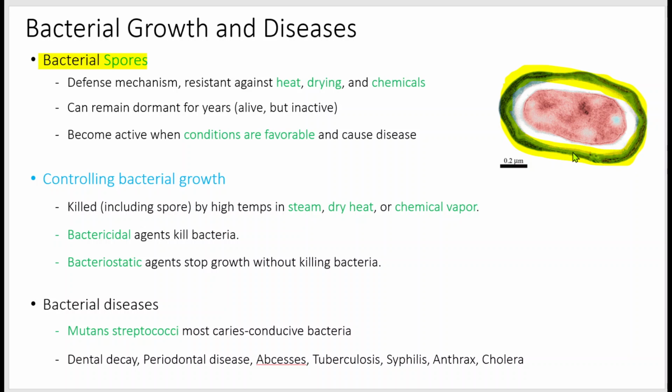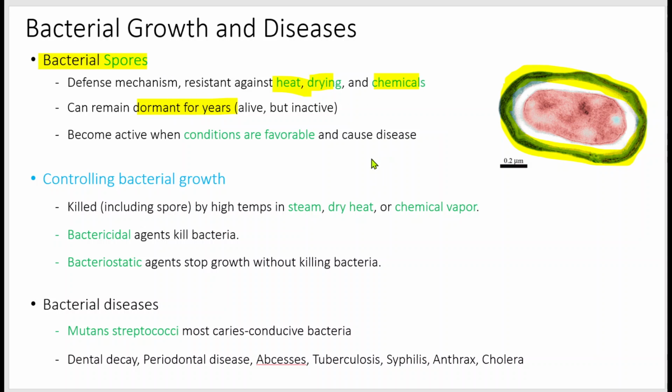And when it does that, we call it a bacterial spore. These are one of the most resistant to heat, drying, and chemicals. They can lie dormant for years, so they can be technically alive, but inactive. They can stay for years and years as long as they have that wall around them, and it's amazing that you cannot technically kill them.